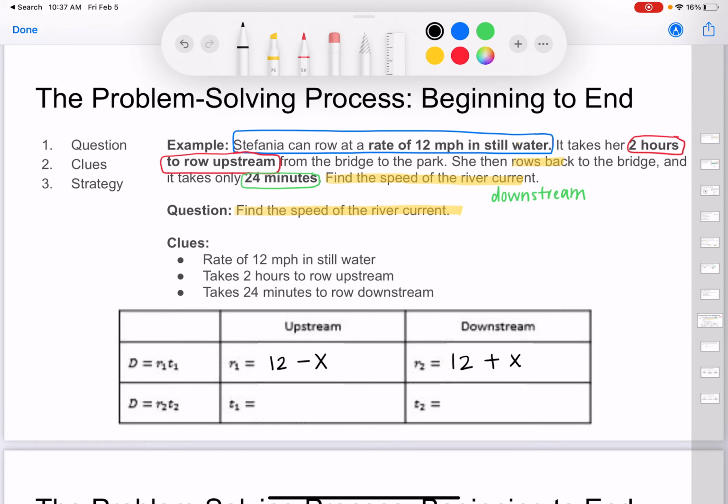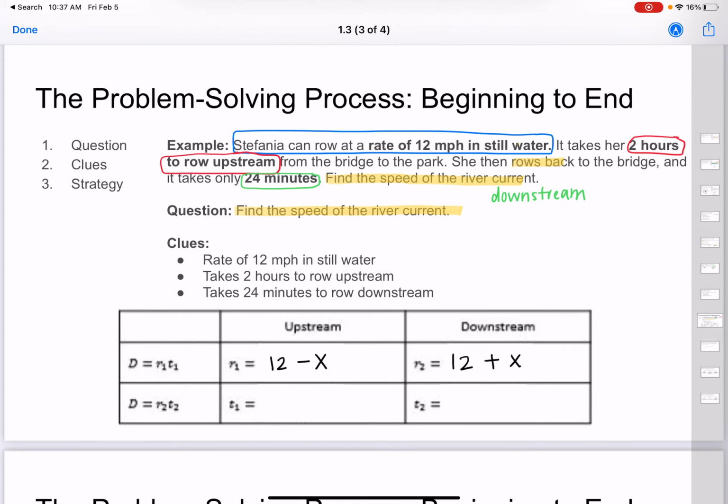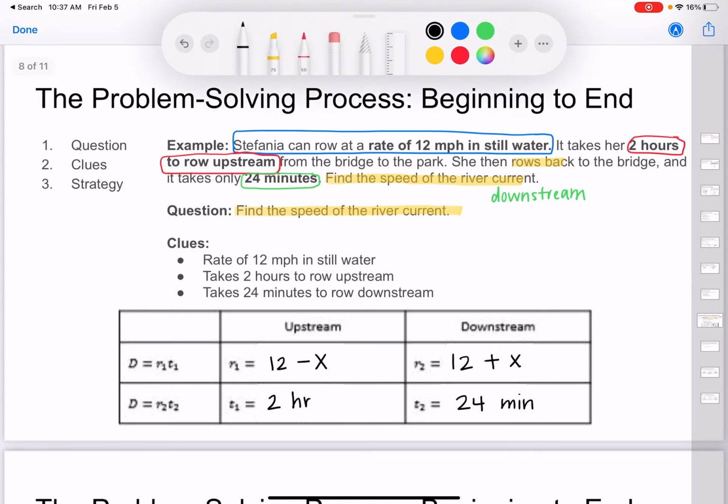And then we're given the time. Whenever she rows upstream, she does so in 2 hours. And whenever she goes downstream, she goes 24 minutes. But we want to make sure that all our variables match so we're not getting confused. So we're going to change the 24 minutes to hours. You could also change the hours to minutes, but it's easier to go from 24 minutes to hours.